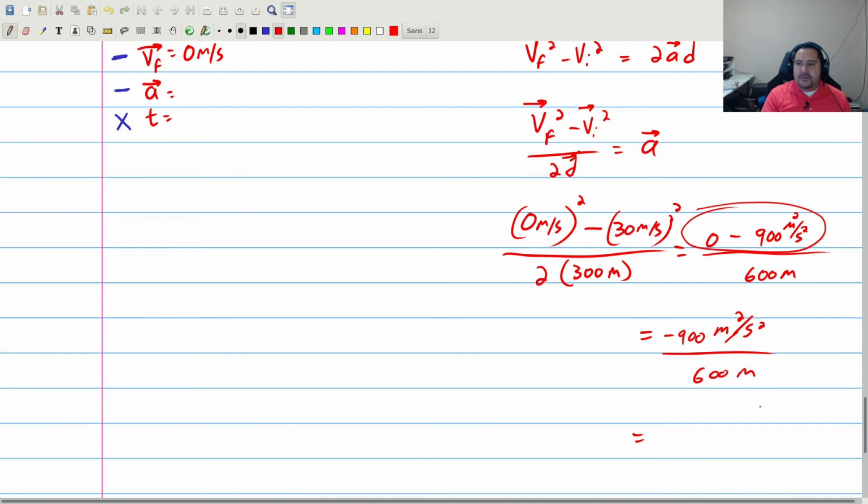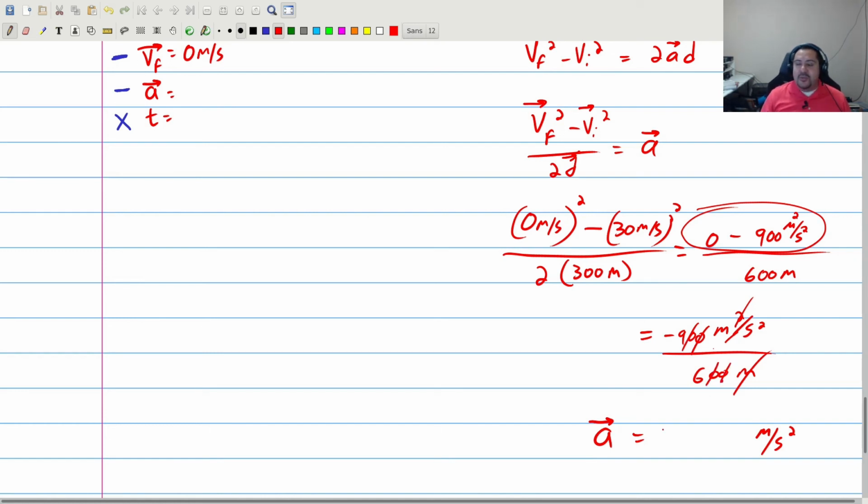This is equal to, well, meters here and meters there, one of them goes away. So I know my units are going to be meters per second squared, which is good because what am I finding? Acceleration. We can reduce 900 over 600 to 9 over 6.